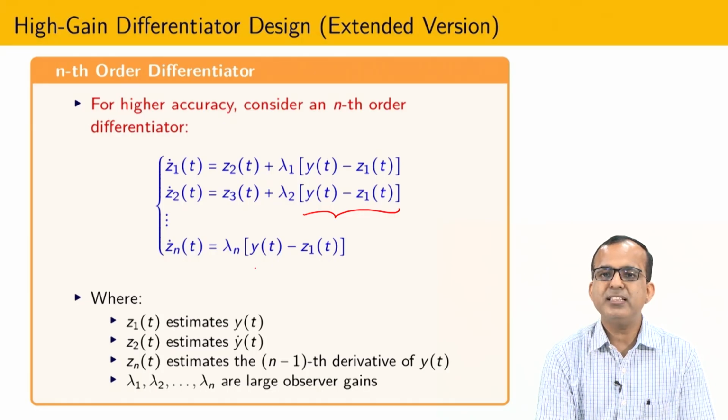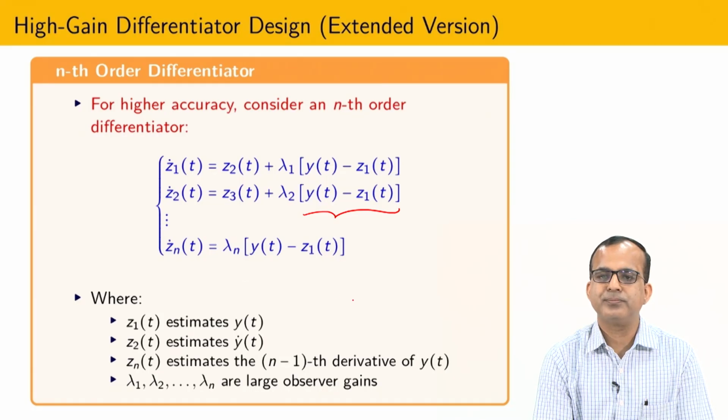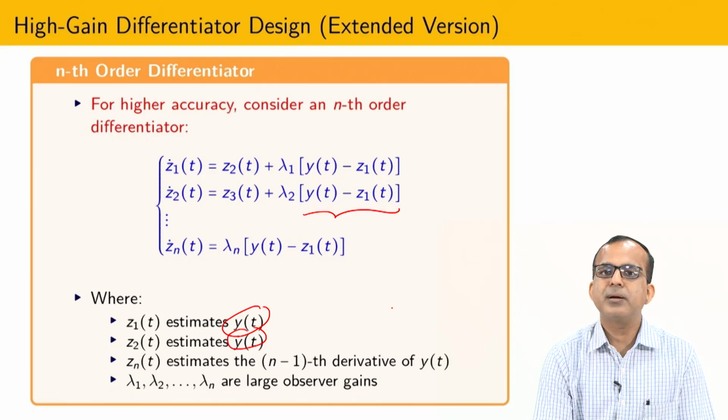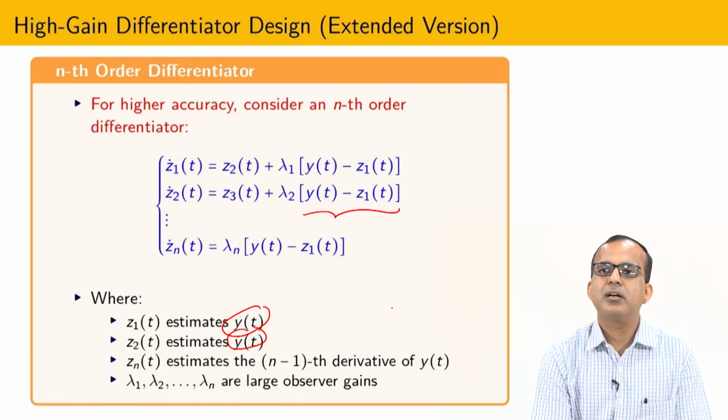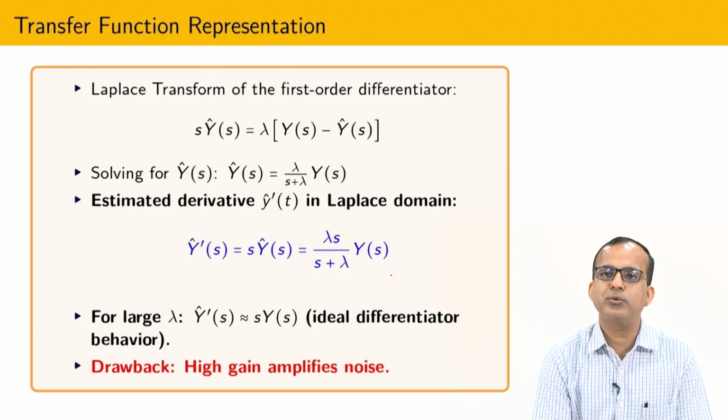In this way you can construct any order of differentiator, nth order differentiator, and z1 is going to estimate y(t), z2 is going to estimate y dot, and in this way you can get some kind of nth order differentiator based on the high gain observer. It means that lambda 1, lambda 2 up to lambda n you have to keep high.